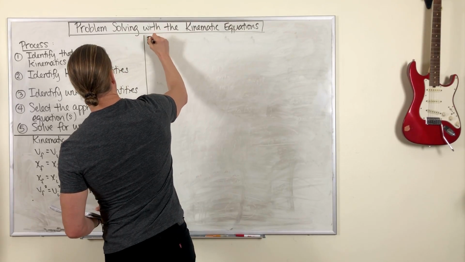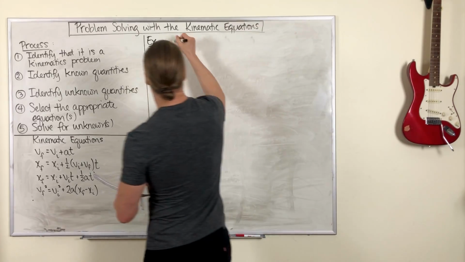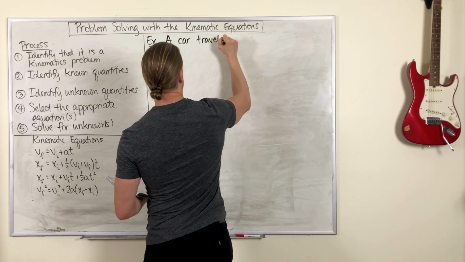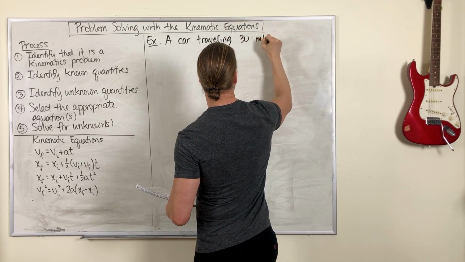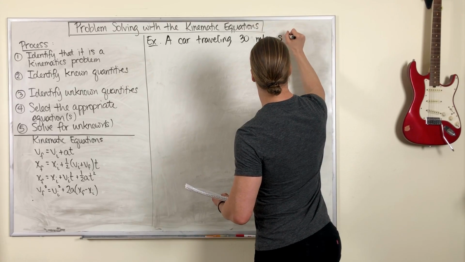Second example. A car traveling at 30 meters per second. That's freeway speed. Slams on the brakes.